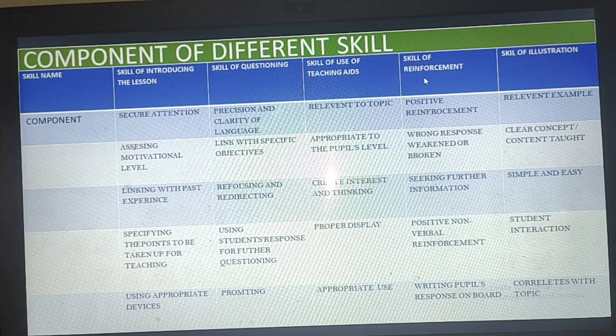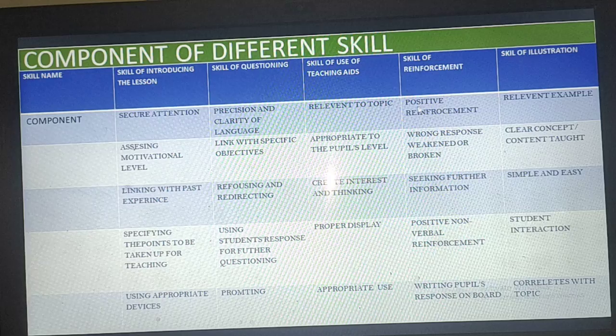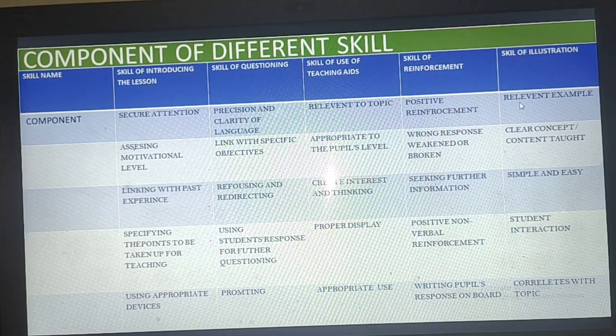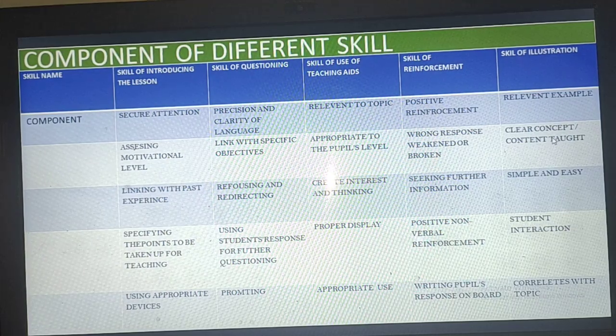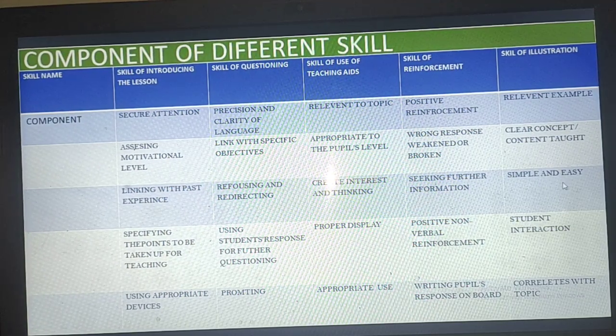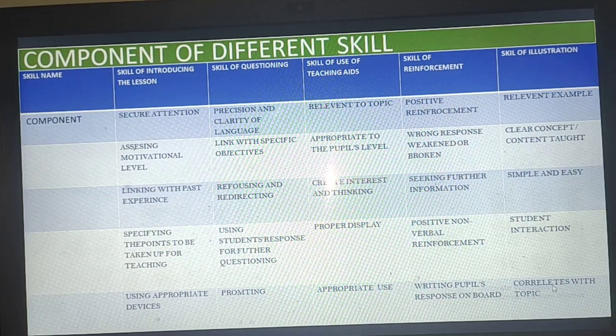Skill of reinforcement: positive reinforcement, wrong response weakened or broken, seeking further information, positive non-verbal reinforcement, writing pupil response on board. And the last skill is skill of illustrations: relevant example, create clear concept and content taught, simple and easy, student interaction and correlate with topic.